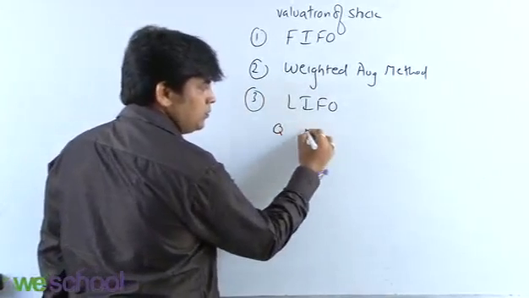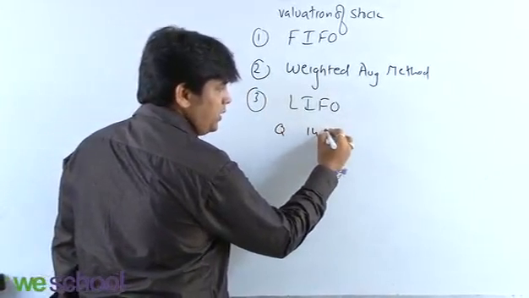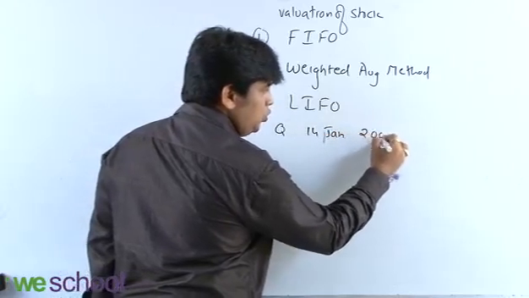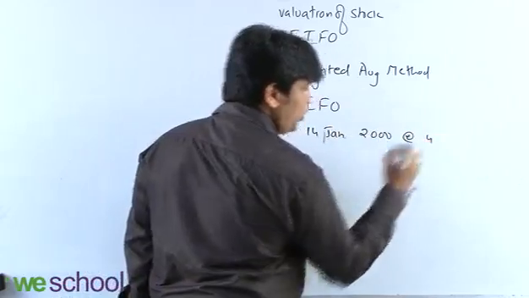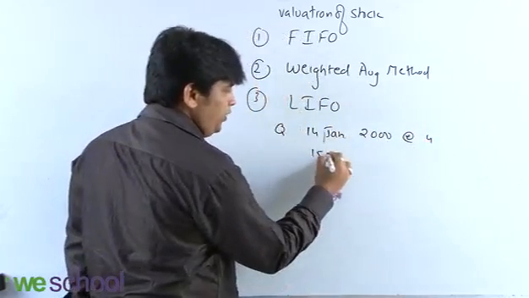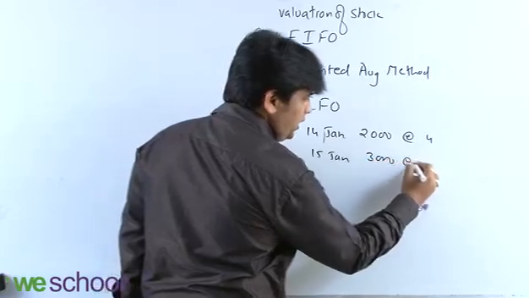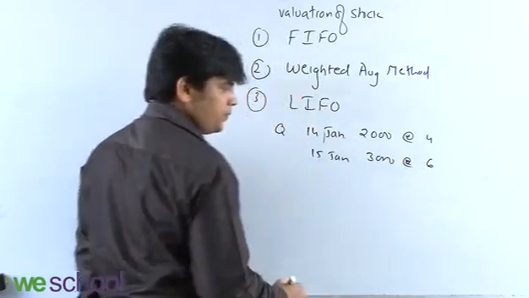Chalo, come to this question. On 14th January, purchase 2,000 at the rate of 4. On 15th January, purchase 3,000 at the rate of 6.